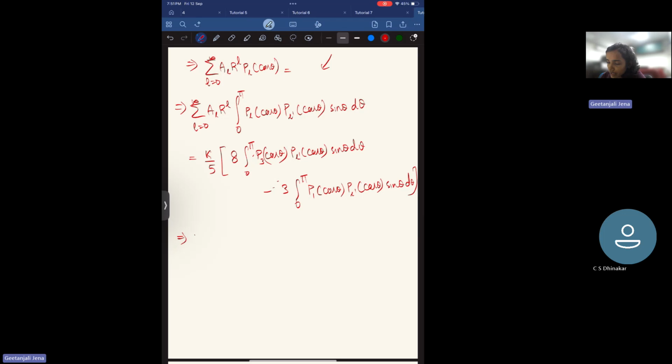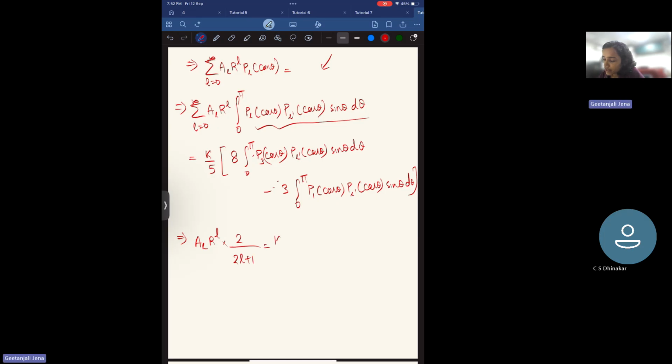The left hand side will only give a non-zero integration whenever L is equal to L prime, and the value will be 2/(2L+1). So this will give A_L R^L, the summation will vanish, times 2/(2L+1).